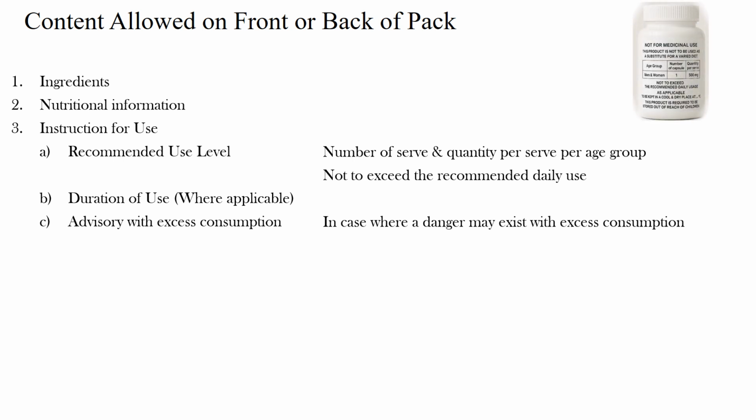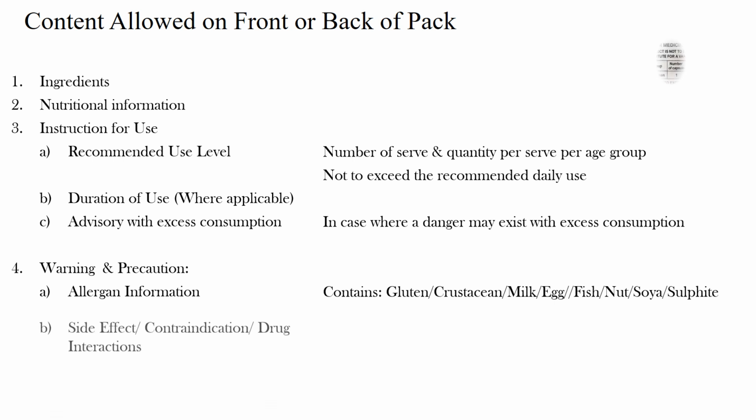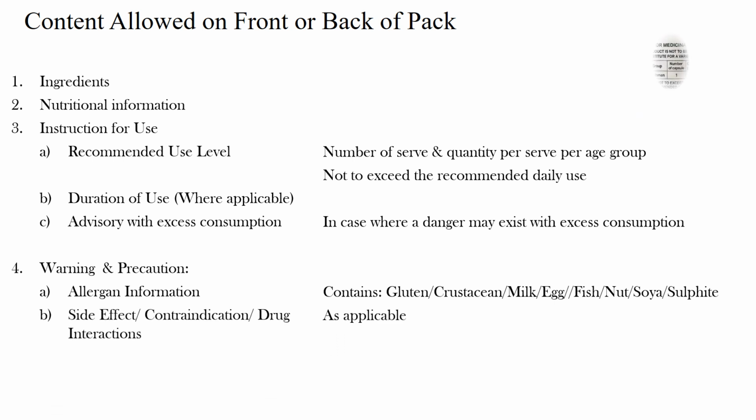After the instruction for use, the fourth information required here is warning and precaution, and here you have to give the allergen information because many food product causes allergen. You have also to write side effect or contraindication or drug interaction which are applicable.